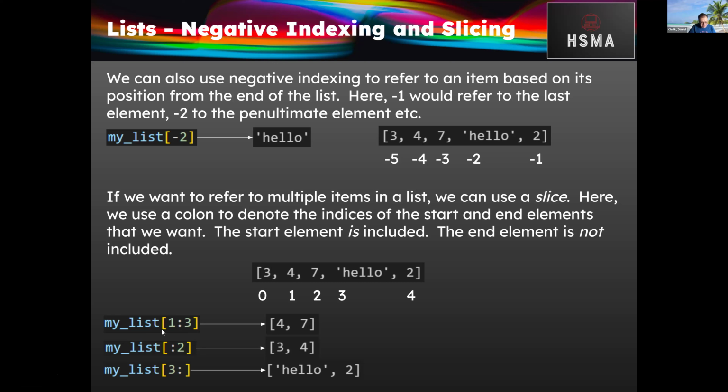So here, my list with a slice between indices 1 to 3 will return the value of 4, which is at index 1, and the value of 7, which is at index 2. It won't return hello, which is at index value 3. So it's up to but not including.